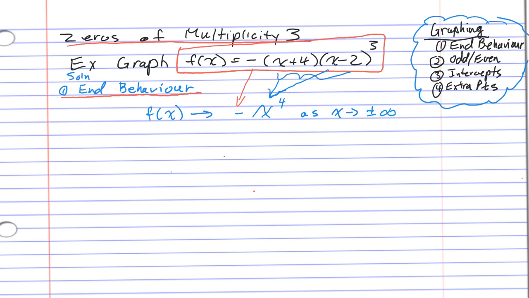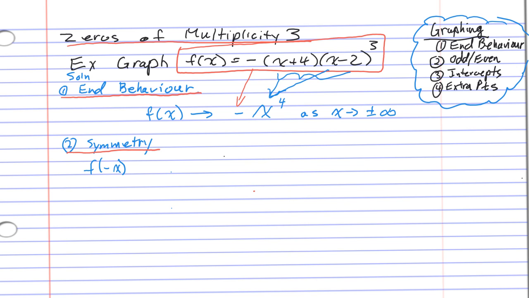And so now what we're going to do is study the symmetry of the function. Like we always do, we start with f of negative x, and we want to eventually get it to look like either negative f of x or simply f of x.